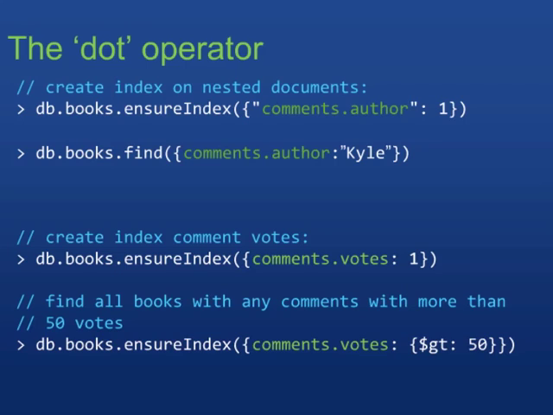You can also do things like ensure an index on the number of votes, right? So this is now an index on the votes field, and this lets me do a query like, find me all the books that have greater than 50 votes on one of their comments. So this is a really powerful technique, right? It lets me store a lot of structured information.